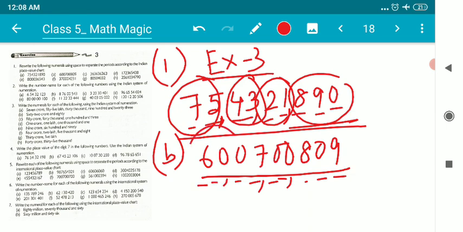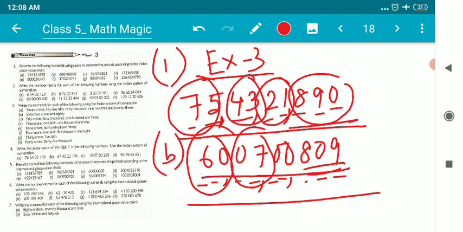So the number is 60 crore 7 lakhs 809. This is only the expression as per the Indian number system. So children, the remaining questions should be done in the same way.